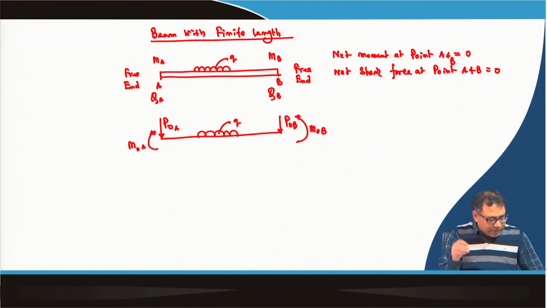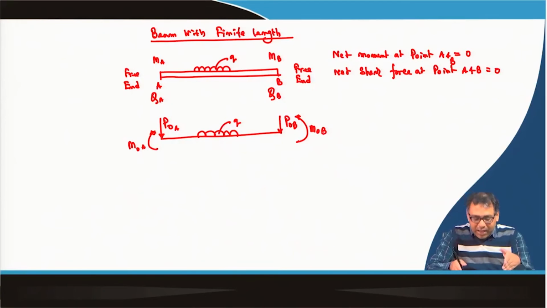I have already discussed the semi-infinite beam solution, so here I am not discussing the finite length beam in detail, but the procedure is similar. The only difference is that in the semi-infinite beam only one end is finite and the other end is infinite, but here both ends are finite.